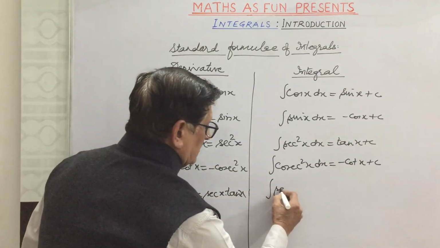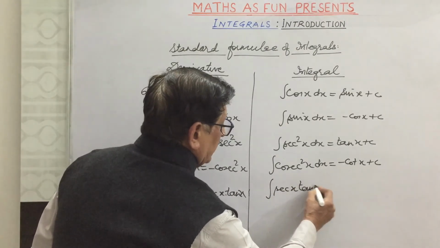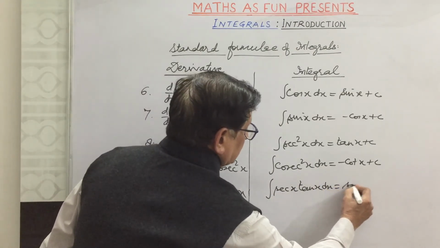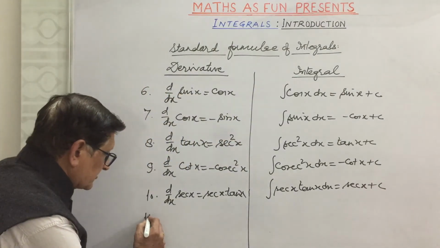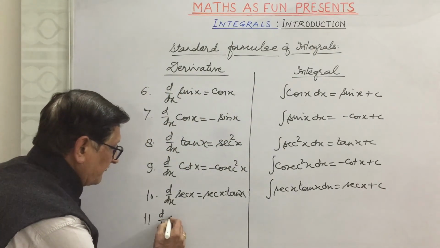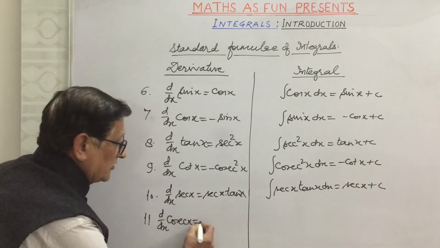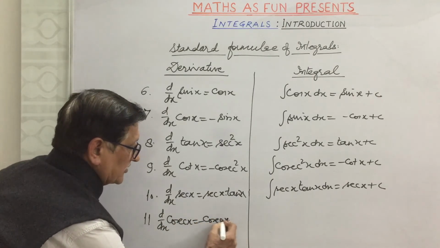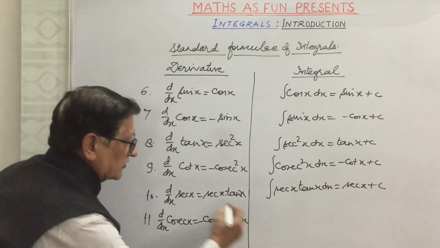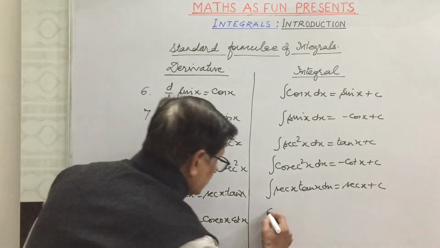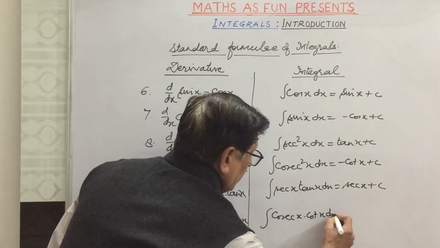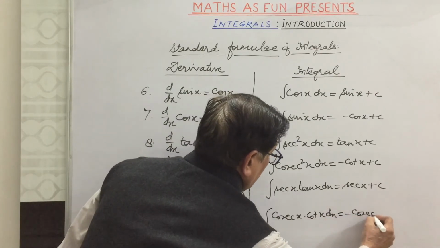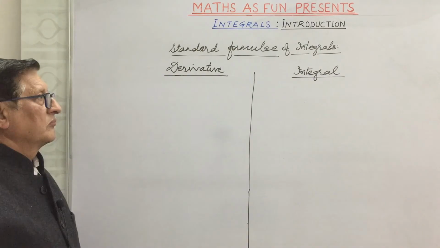So integration of sec x into tan x will be sec x plus c. Next formula is d by dx of cosec x is minus cosec x into cot x. So integration of cosec x into cot x is minus cosec x plus c.